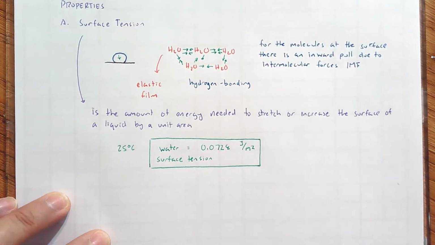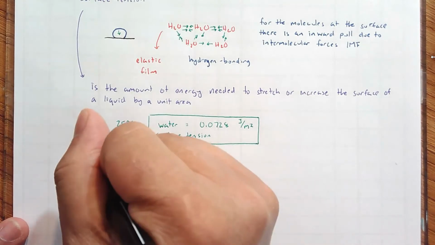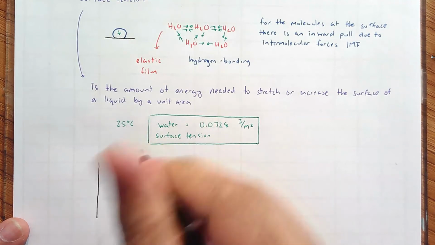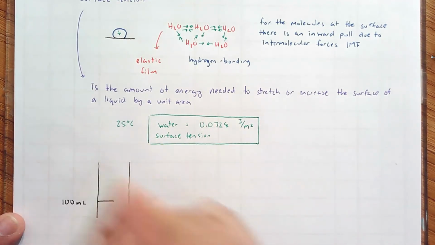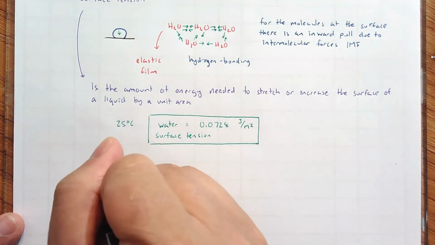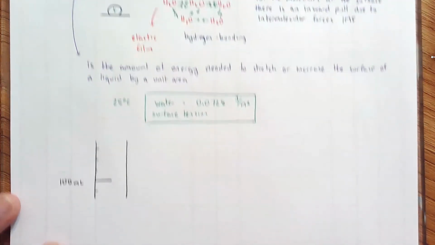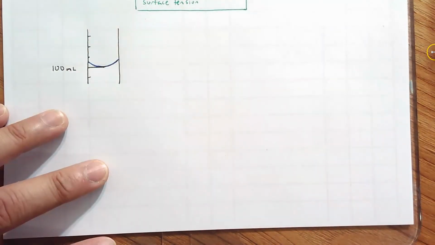But we see this quantitatively all the time. In the lab, you know that if you measure out water in a graduated cylinder, what have you been told? You've been told to measure from the bottom of what's called the meniscus. So here we have a graduated cylinder with its markings, and when you add water to it, you have this curving concave shape.